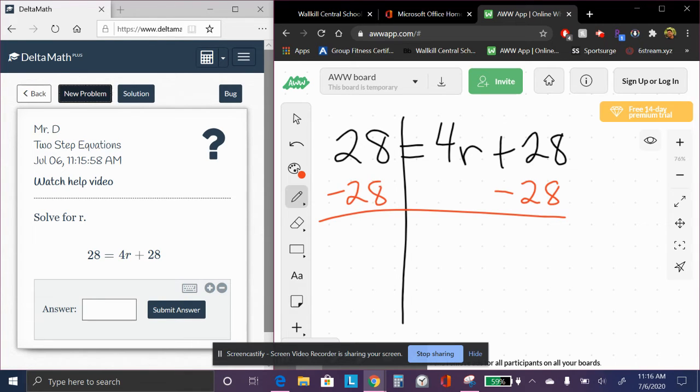So we get 28 minus 28. Those cancel out here. These also cancel out, but you can't just cancel them out and write nothing below it, because 28 minus 28 is 0. So you have to write that on that side of the equal sign. That's why we draw this line down here, so that when we have these cancel out, we have to put in a 0 here. Equals, and I bring this down, 4r.